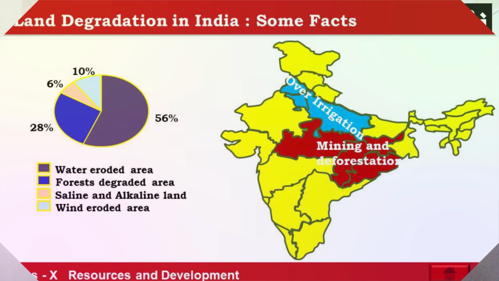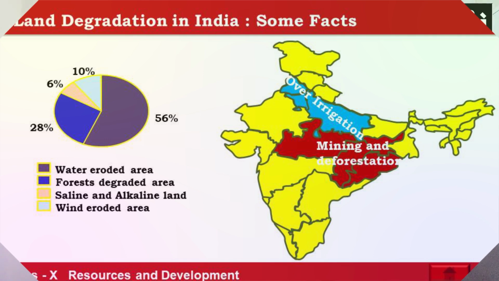We don't do that, we just leave it. Use of excessive chemicals, use of excessive water. During cultivation we use excessive water in certain crops, which reduces the quality of the land, and in the long run it helps in deteriorating the land completely.